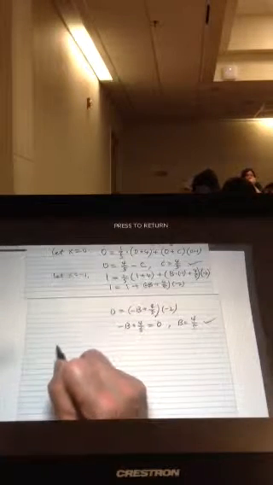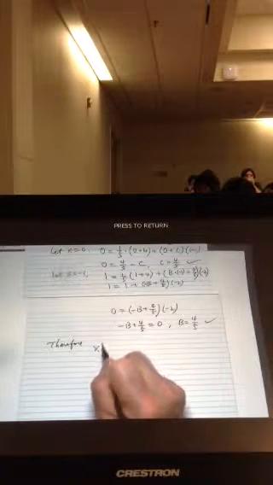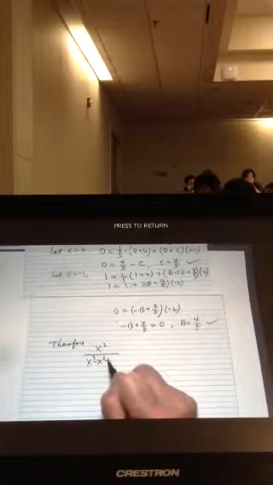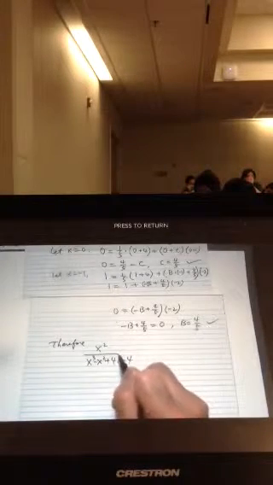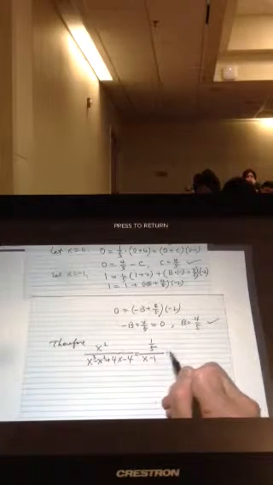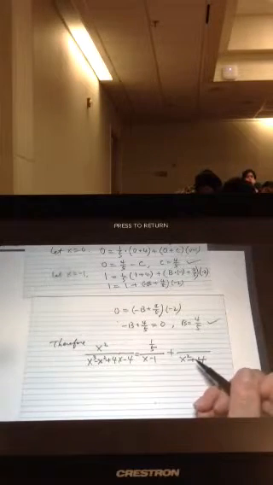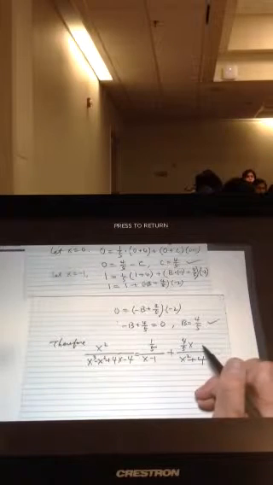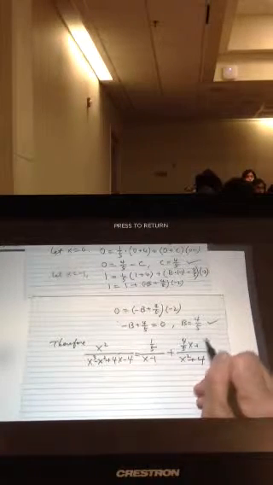Therefore, I have x squared over x cubed minus x squared plus 4x minus 4 equals A, 1/5, over x minus 1, plus (Bx plus C) over x squared plus 4, with B 4/5 and C 4/5.